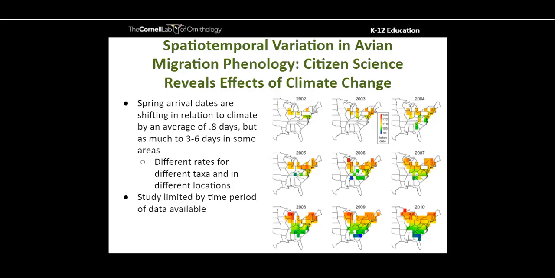The study did have some limitations because they were only able to study back to when eBird started, which was, oh gosh, I should know the date, but is not as far back as you would need to go. Ideally, you would be studying back to the 1970s, the 1940s, and beyond if you could, but we didn't have a robust enough data set until that point.